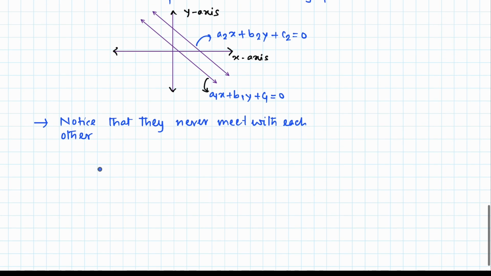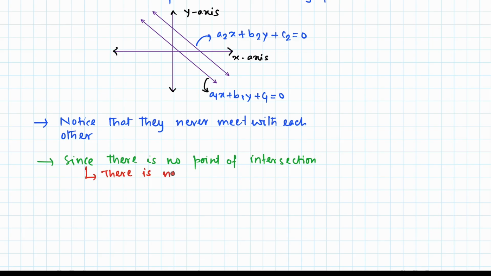As they are parallel, we know parallel lines will not meet with each other. Since there is no point of intersection between these two lines, there is no common solution. So we will not get any solution there.